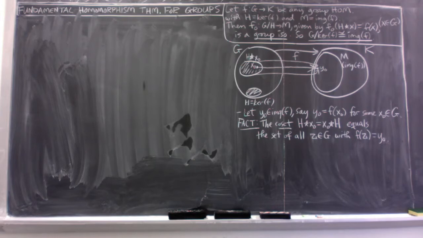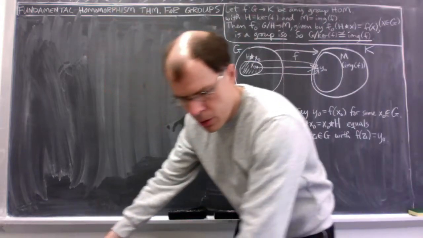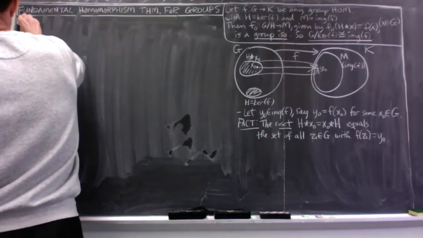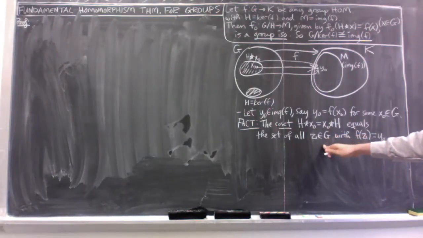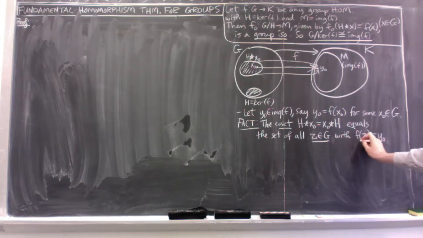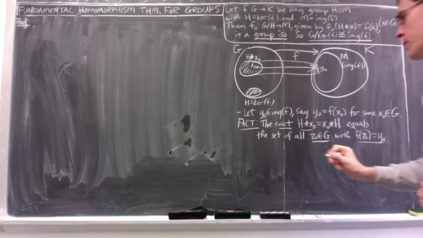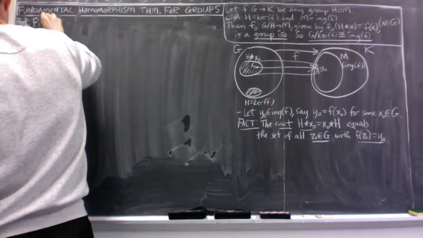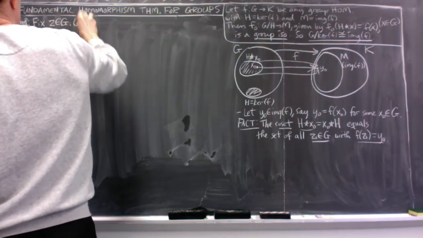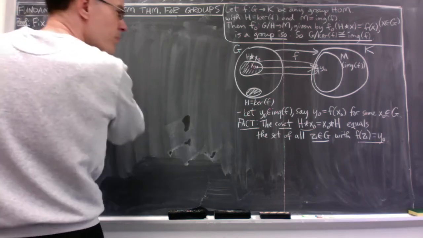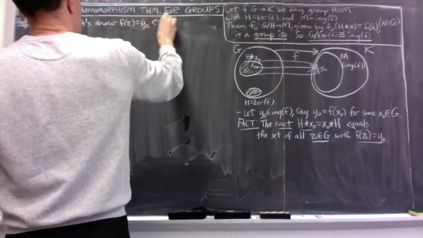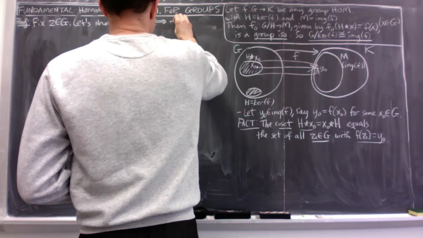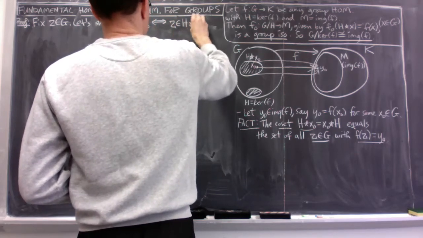And I'll just quickly prove that, because it's almost the same thing as part of the argument we just did. So let's fix a z in G, and I'll say that z satisfies this condition if and only if z is in there. So f of z is equal to y naught if and only if z is in H star x naught.